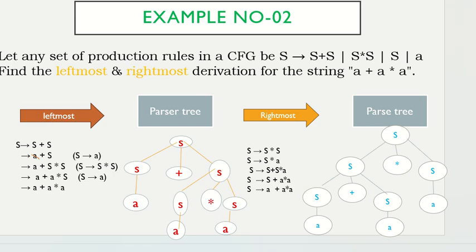Now let us take one example. Let the production rules in a context-free grammar be the given grammar. In this grammar, we can find the leftmost and the rightmost derivation for the string.